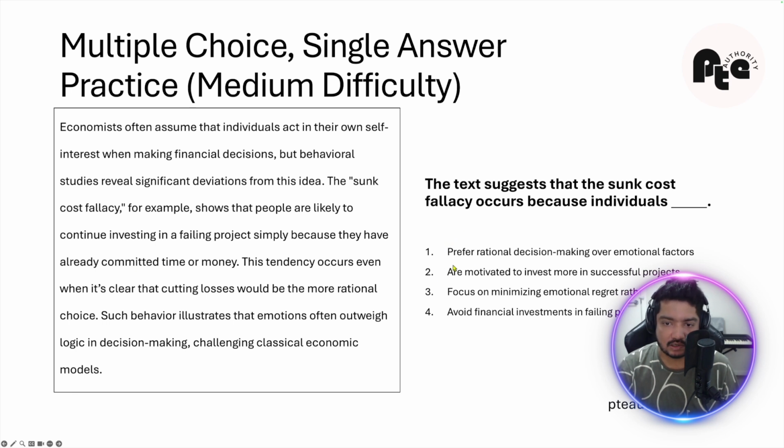Now let's look at the options. Prefer rational decision making over emotional factors; are motivated to invest more in successful projects; focus on minimizing emotional regret rather than logic; avoid financial investments in failing projects. So that's definitely not it.